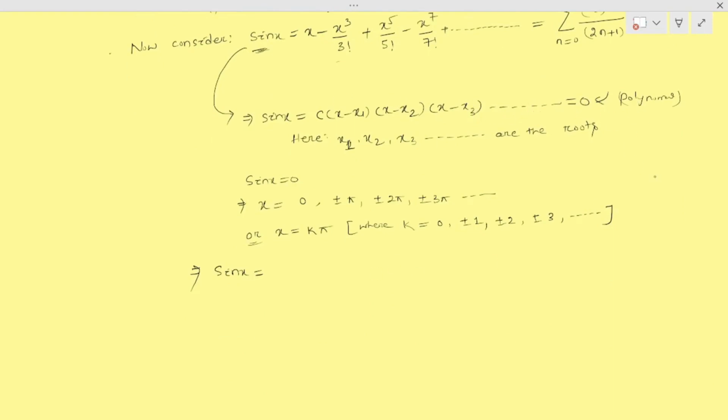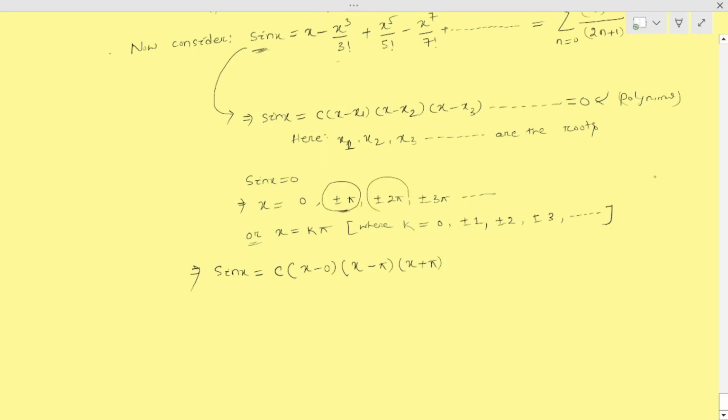That means sin x equals c into (x minus the first root, which is 0), so it is x minus 0, then x minus pi, another root is plus pi. Here, from this I can get plus pi and minus pi. If I consider plus pi, then it will be x minus pi. If I consider minus pi, then it will be x plus pi.